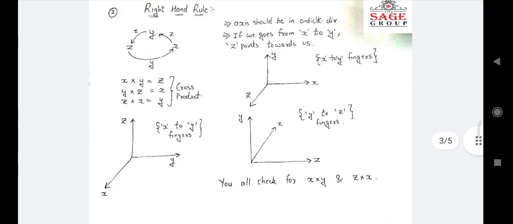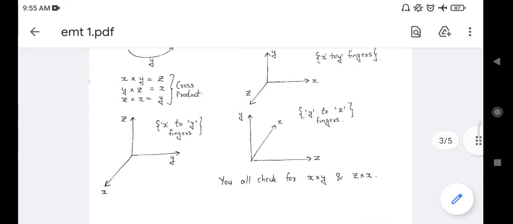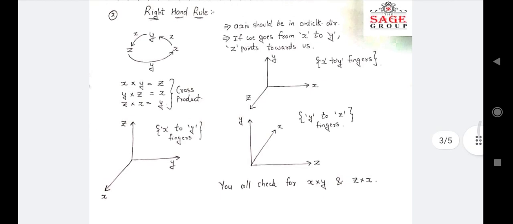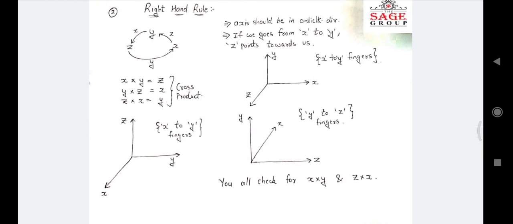If you apply the right hand rule on the first example, you can see that if you put your palm on the x-axis and curl the fingers, your fingers will give the direction of the y-axis and your thumb will give the direction of the z-axis. I have also mentioned in the first figure, in brackets, x to y fingers.